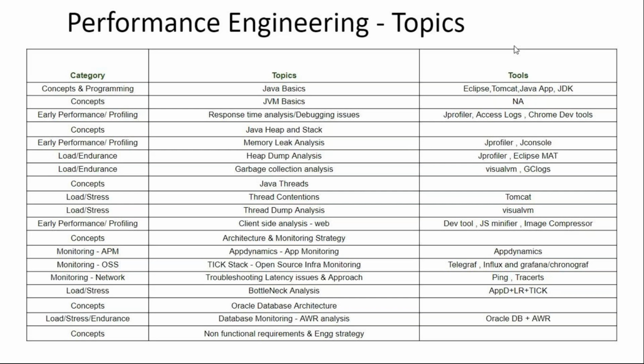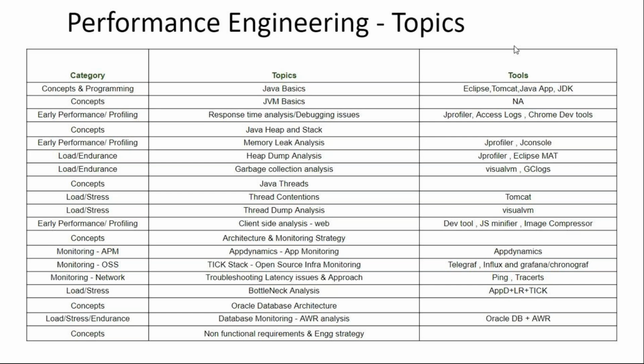Okay, so when it comes to your architecture, when it comes to performance related activities, you have a couple of things. One is your response time layer. You have to look into CPU, you have to look into the memory, you have to look into the threads. All these things will directly impact your performance, right? So we will learn the CPU response time problems, memory, heap, and then the threads in that sequence.